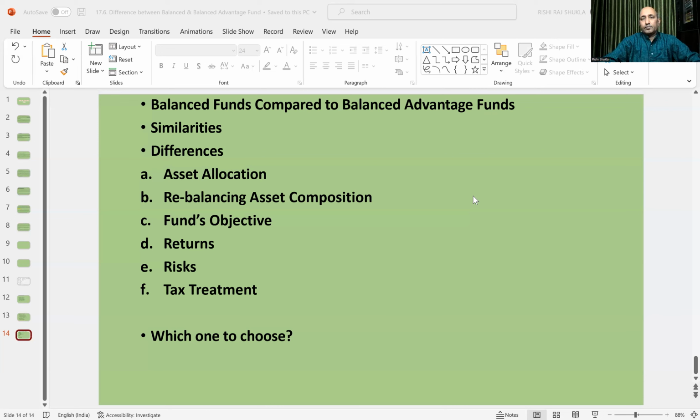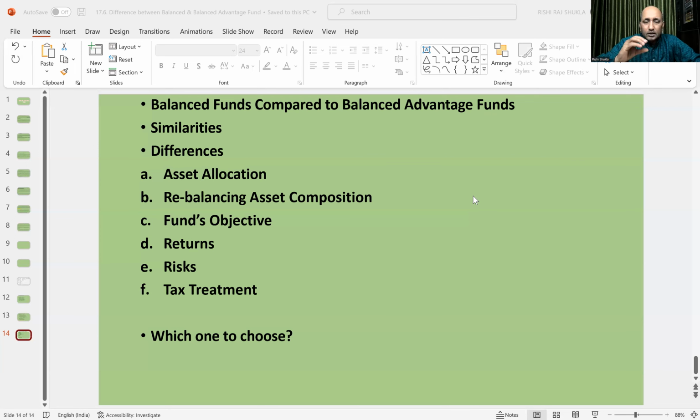Now, risk. Of course, both have associated risk as they invest in equity. Equity is subject to market risk, so that risk will be there in both cases. And as far as the debt portion is concerned, there is also risk of default, credit risk, rate risk, and of course liquidity risk.